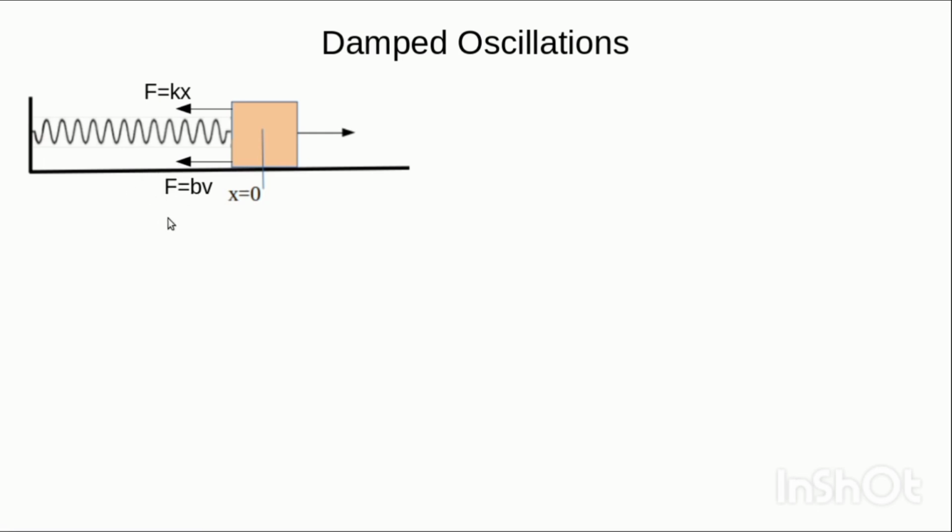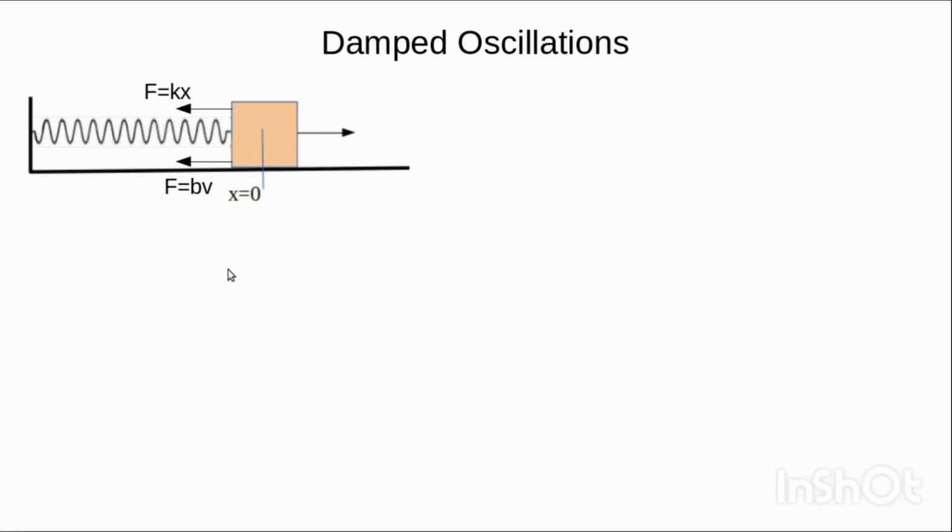Now, from Newton's law, the sum of all the forces: when you release the block after stretching it, these two forces will tend to pull it backward. And as the block moves, these two forces will definitely act against the motion.